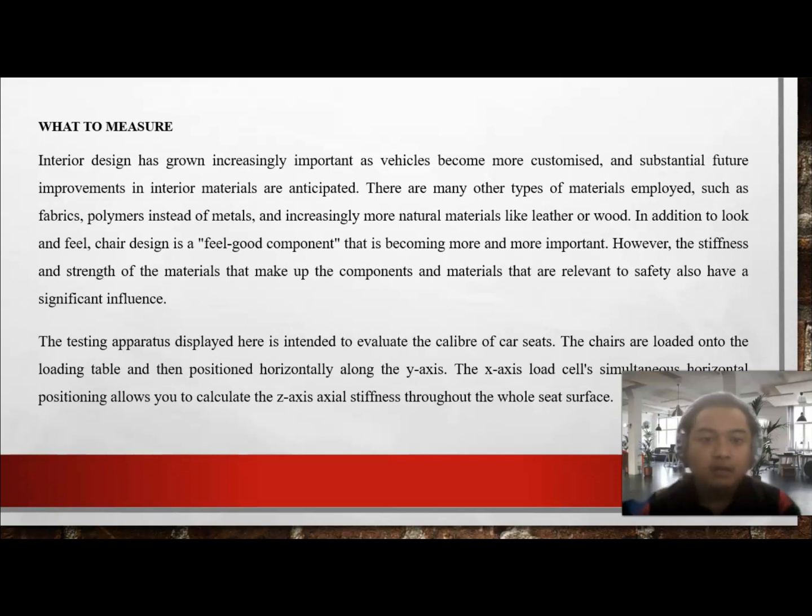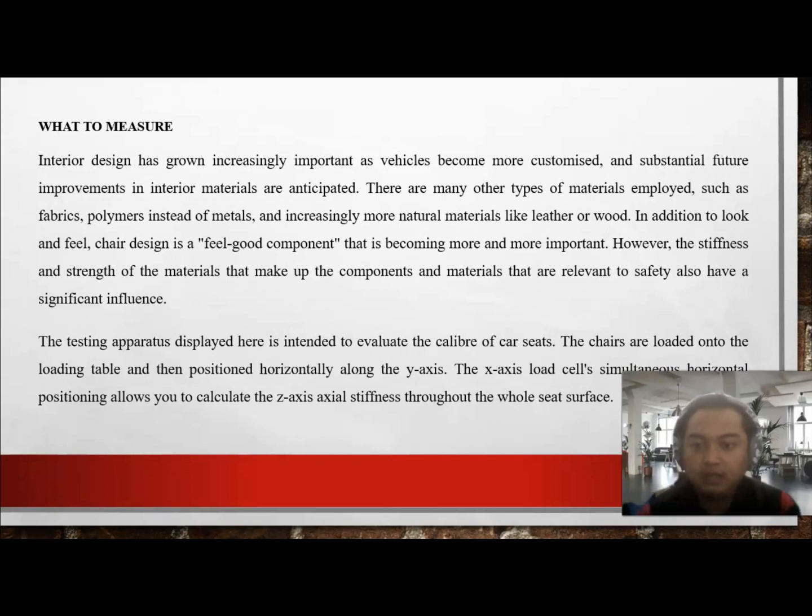There are many other types of material employed, such as fabric, polymer instead of metal, and increasingly more natural material like leather or wood. In addition to look and feel, shared design is a feel-good component that is becoming more and more important. However, the stiffness and strength of the material that make up the component and material that are relevant to safety also have a significant influence.